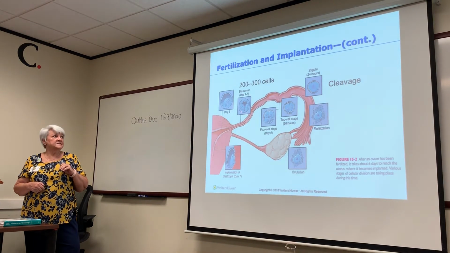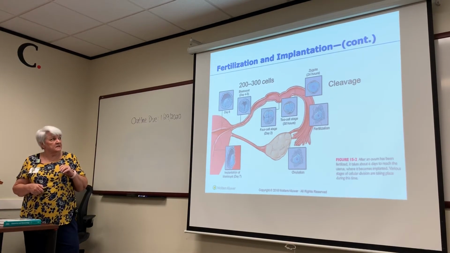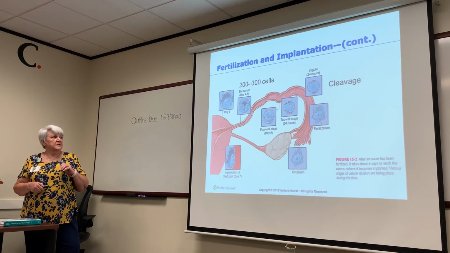I have a 16, well, it doesn't show it. Say this right here, stage 4, now it's called a morula. It's up to 16 cells. Once it gets to a blastocyst, it's 200 to 300 cells.